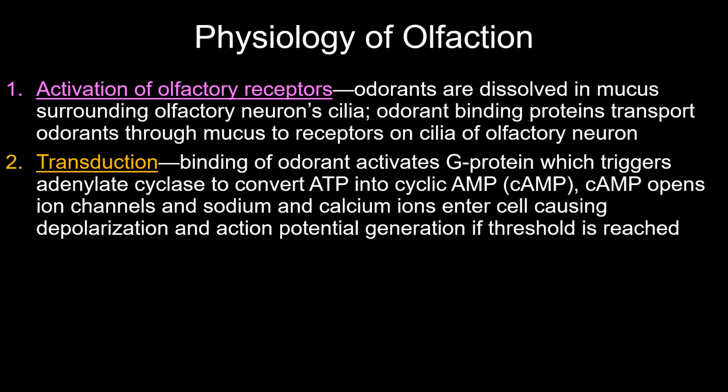And so the entry of these ions creates a local potential that depolarizes the membrane of the olfactory neuron. And remember, you have to get enough local potential to overcome that threshold. And so that will summate, and then the threshold will be reached at the axon hillock, and boom, an action potential is triggered.